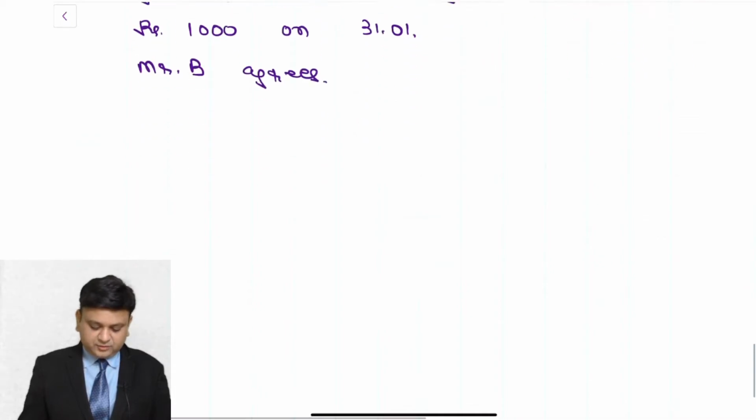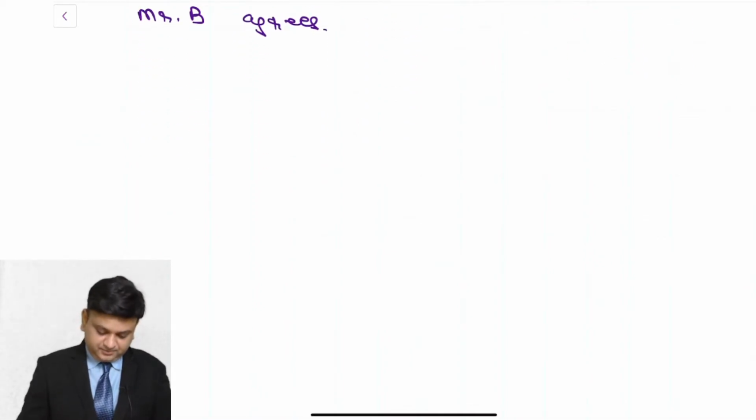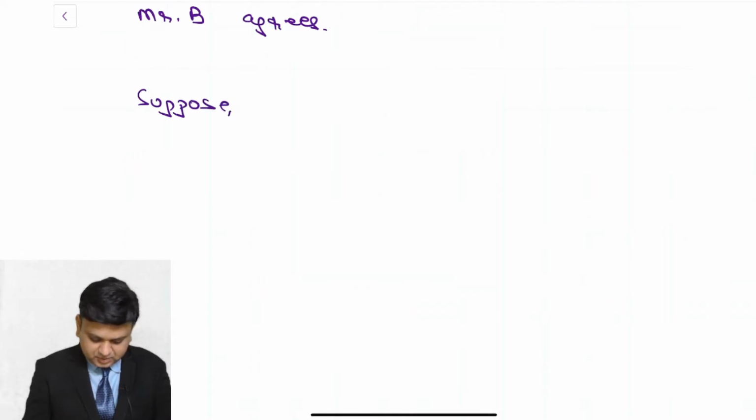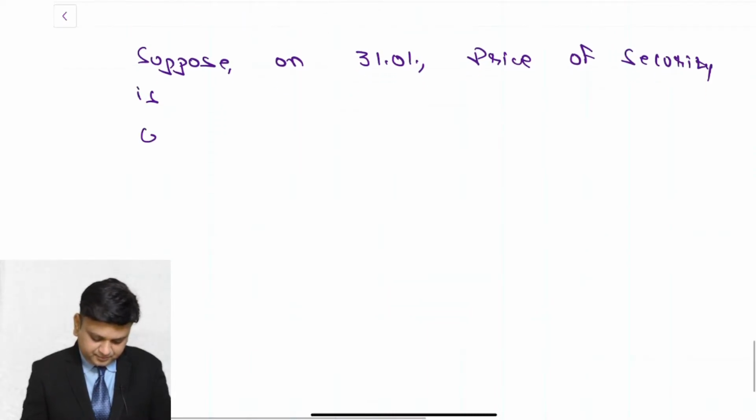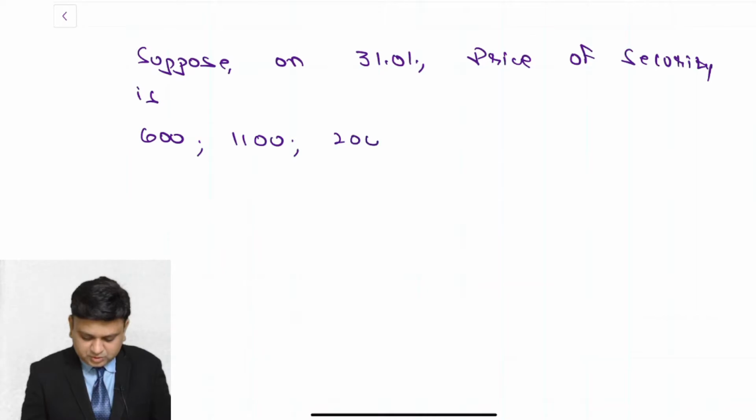Now my question to all of you is this. Listen to me. Suppose on 31st of January the price of the security is 600, 1100, 2000.